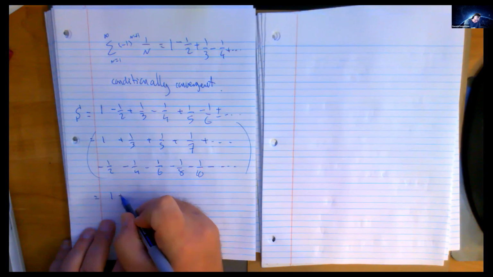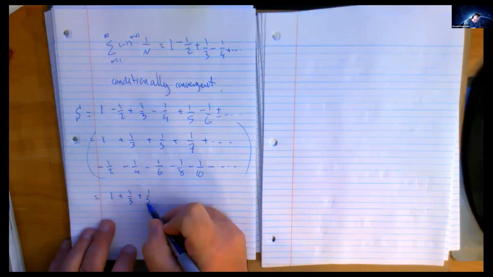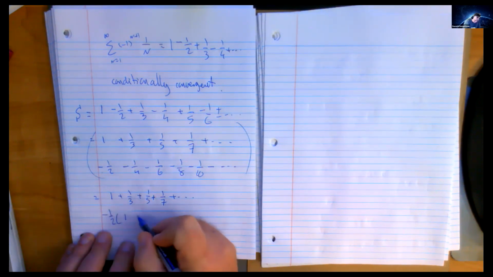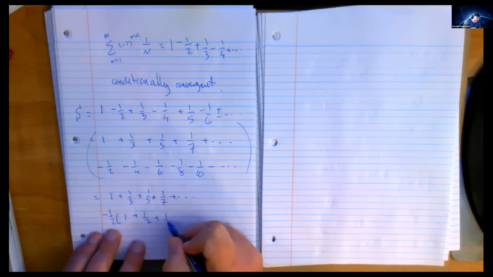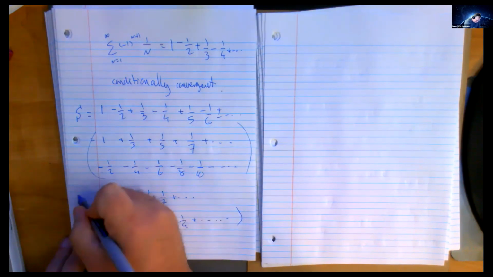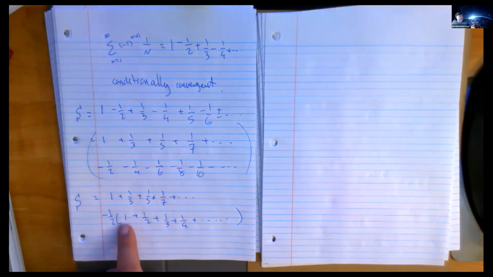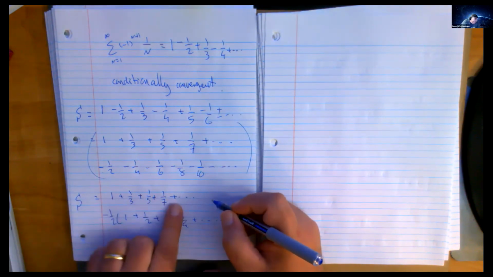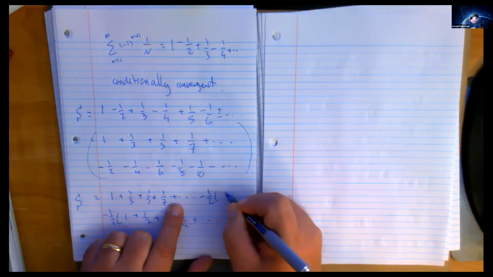Now that gives me this piece, and if I pull out negative a half, we get this piece. What does 1 plus a half plus a third plus a quarter to eternity get you? Isn't that infinite? So this guy is made up of all these guys, take away half of infinity.